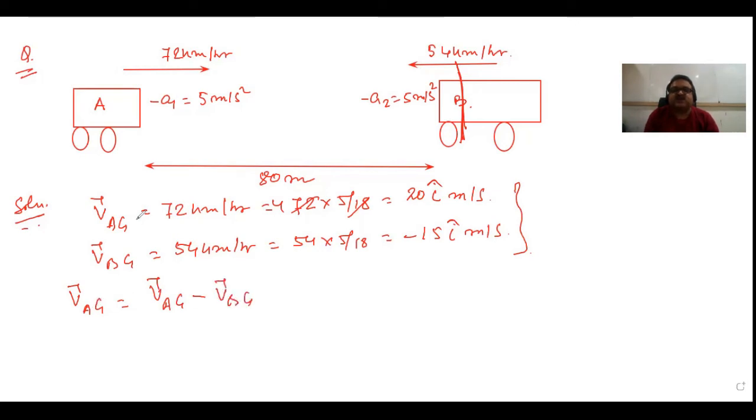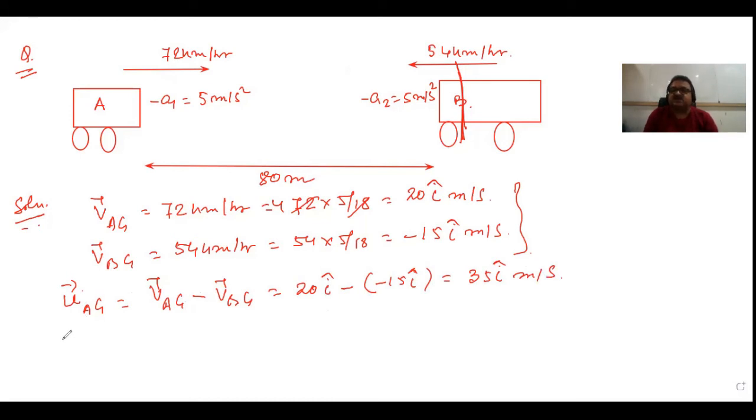It is retarding, which means this is the initial velocity, so let me write it as UAB. So it is 20 i cap minus minus 15 i cap, that is 35 i cap meter per second.